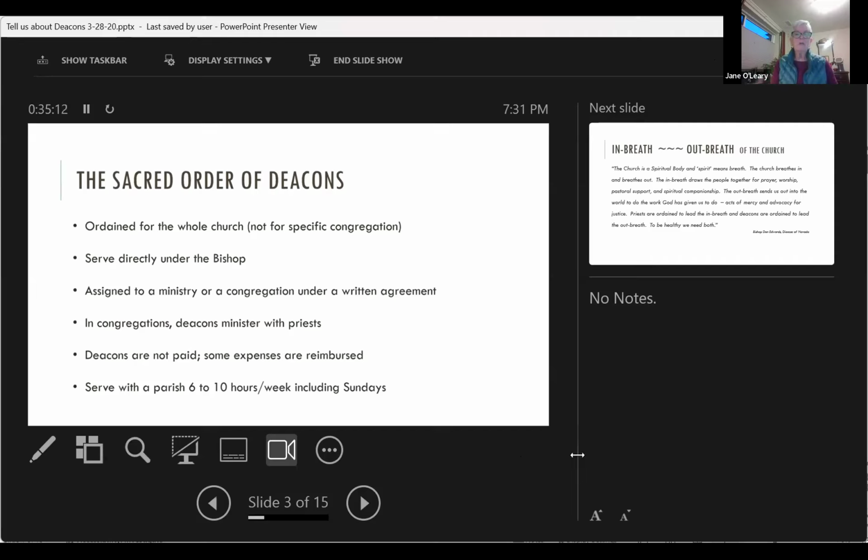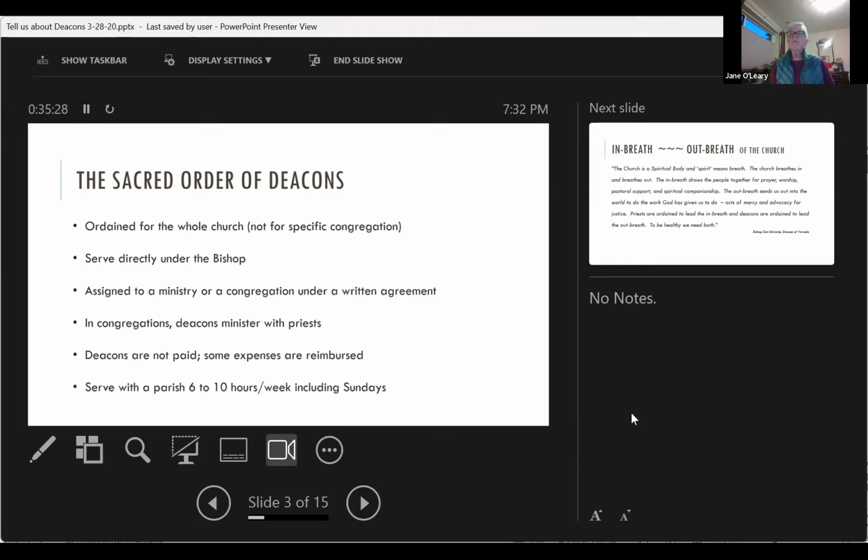Generally, when assigned to a parish, a deacon serves about 6 to 10 hours a week, which includes Sunday and sermon preparation. So that's the commitment.